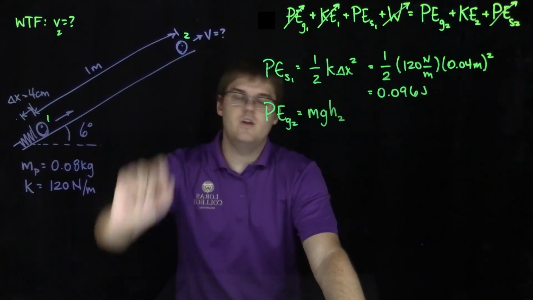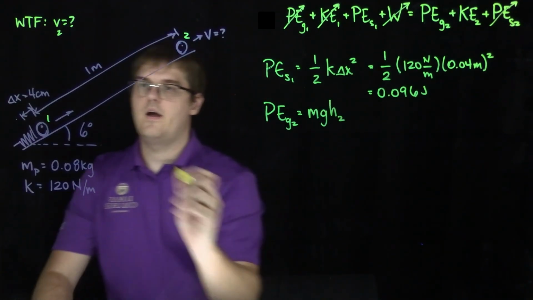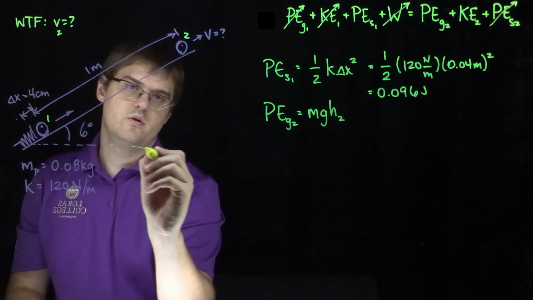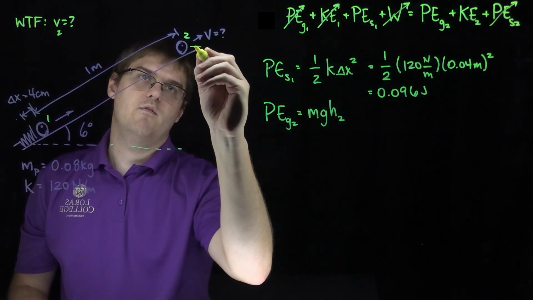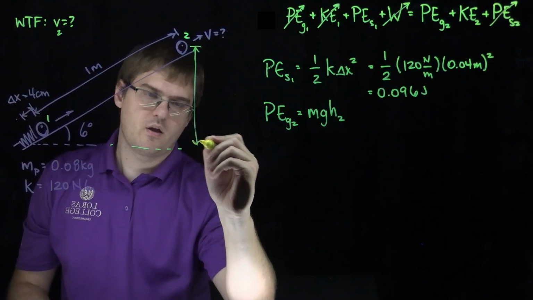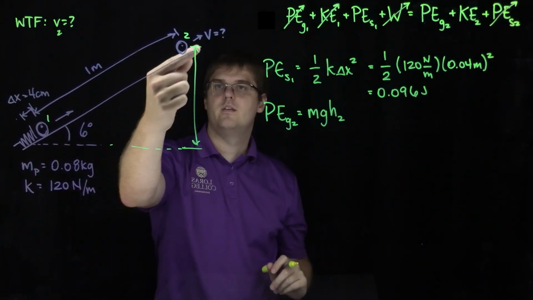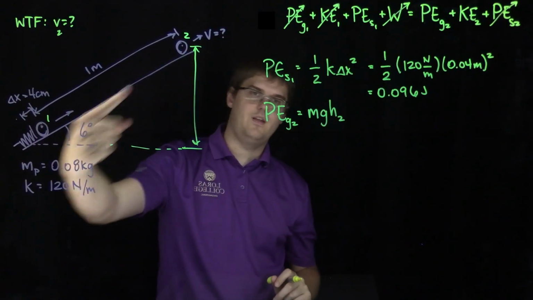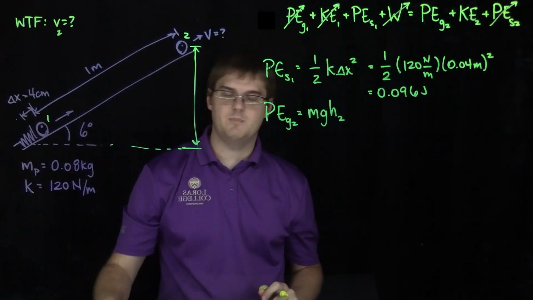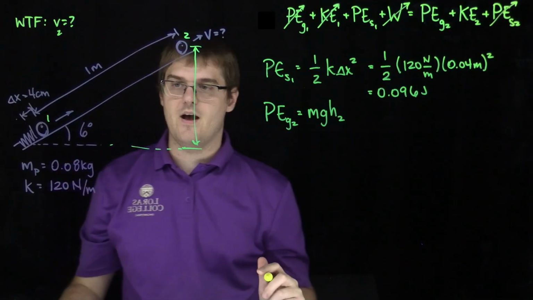My height at 2 is not 1 meter. I am going to need to get an actual vertical height because gravity does not care that I have moved in this direction. Gravity only cares about if I've moved up and down.